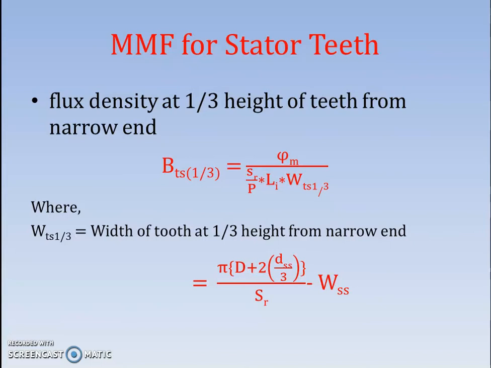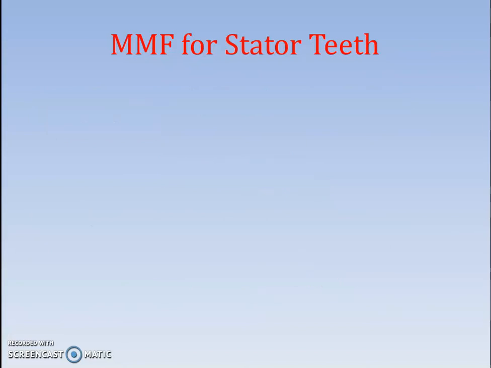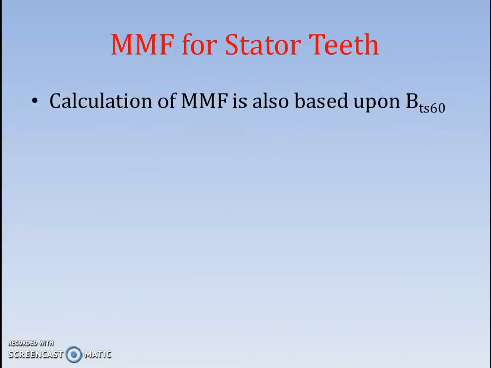So from this equation we will be able to calculate width of the stator teeth, and if width of the stator teeth is available, we can easily calculate flux density of the stator teeth at 1/3 height. So calculation of magnetomotive force for stator teeth is also based upon flux density of stator teeth at 60 degree.